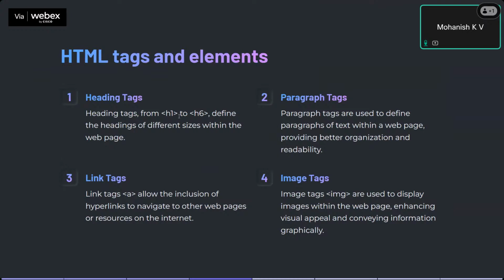It is displayed there. The link tag A, which is anchor, allows the inclusion of hyperlinks to navigate to other web pages or resources on the internet. So in the anchor tag, we have to write the link, and you can write a small line or word which will be displayed in the web page.